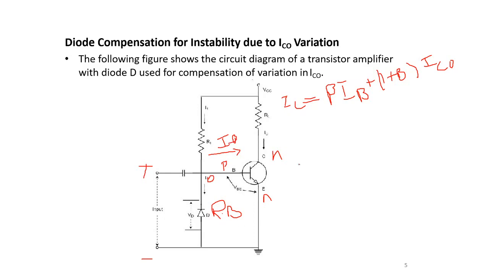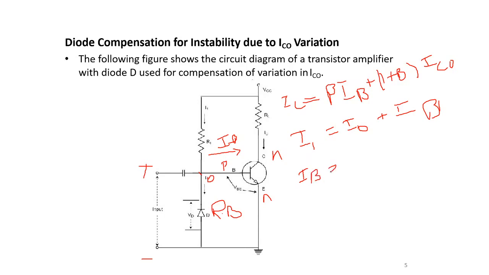And next, if you observe the current across this node, we can calculate it. Entering current is equal to leaving current, according to KCL. So I1 will be equal to I0 plus IB. So what about the IB current?